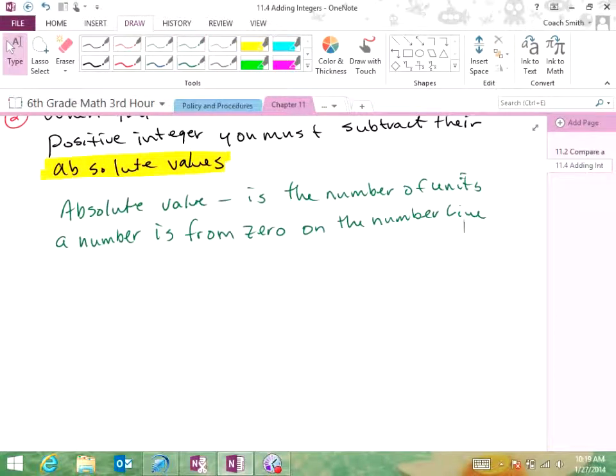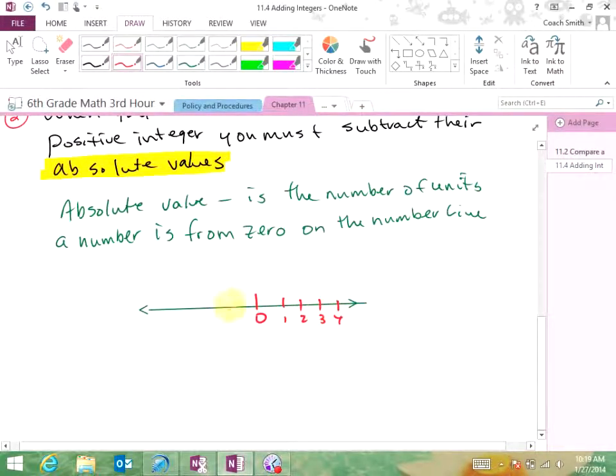Absolute value is the number of units a number is from 0 on the number line. Okay? So, for example, if I draw a number line, just a short number line here, and I put 0 right there, 1, 2, 3, 4, negative 1, negative 2, negative 3, negative 4. Okay?